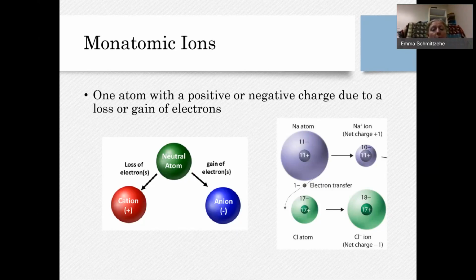And so if you have neutral sodium atoms and chlorine atoms, then the sodium atoms will happily give an electron to the chlorine atoms, okay? Because then both of them gain. Both of them are in a better scenario at that point.